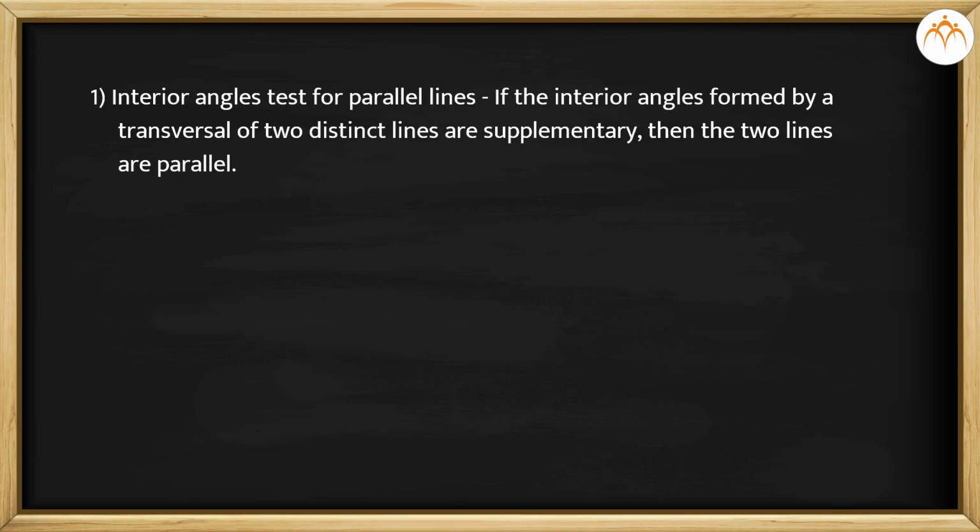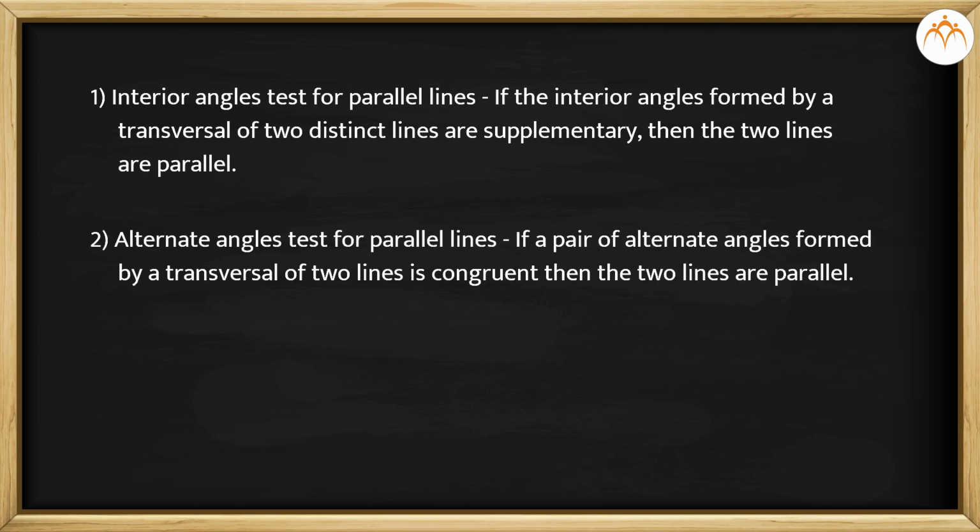What did we learn? Interior angles test for parallel lines: if the interior angles formed by a transversal of two distinct lines are supplementary, then the two lines are parallel.